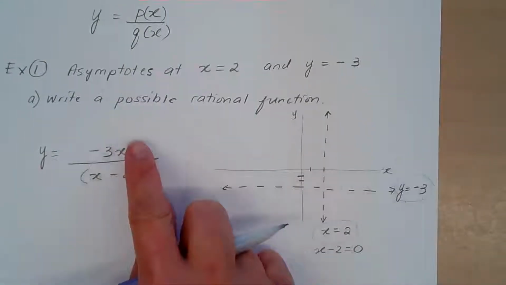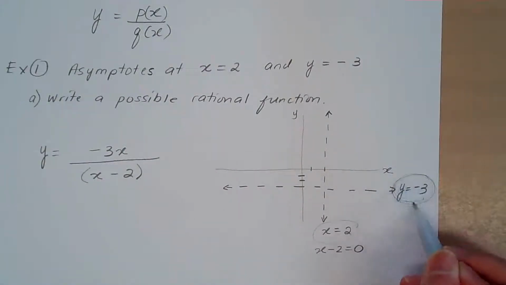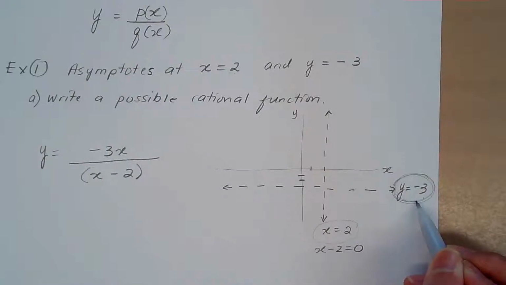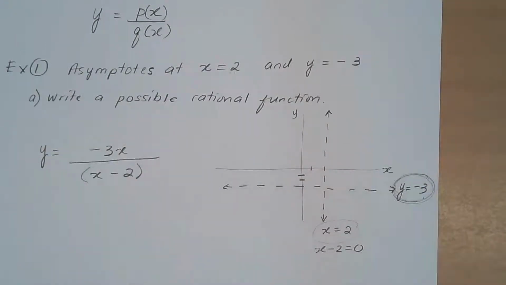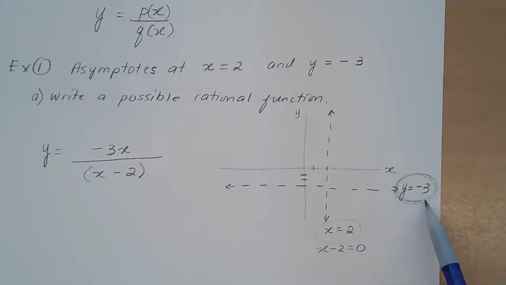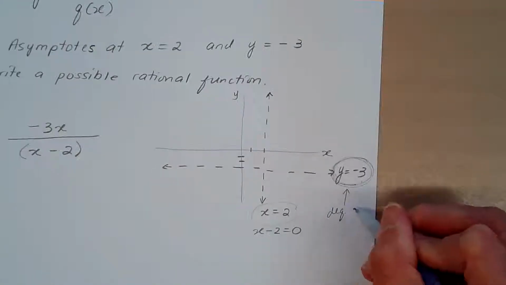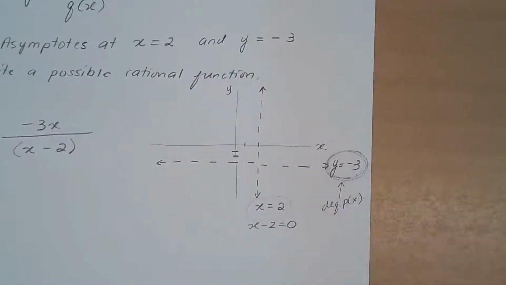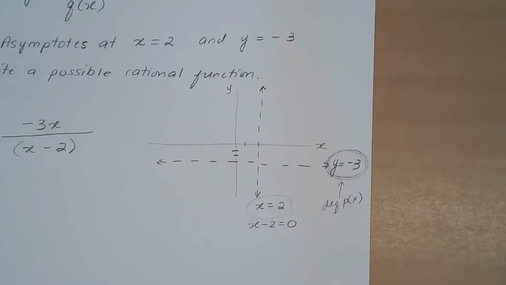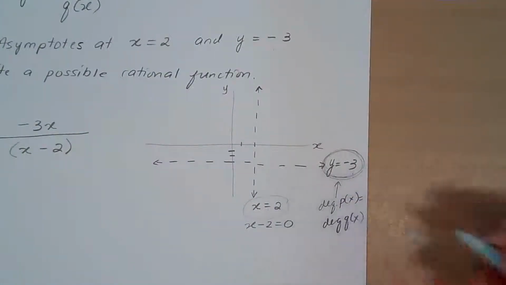Is everybody okay with this? If we have a horizontal asymptote at negative 3, that shows us that the degree of p of x has to be less, equal, or greater? Equal to the degree of q of x.